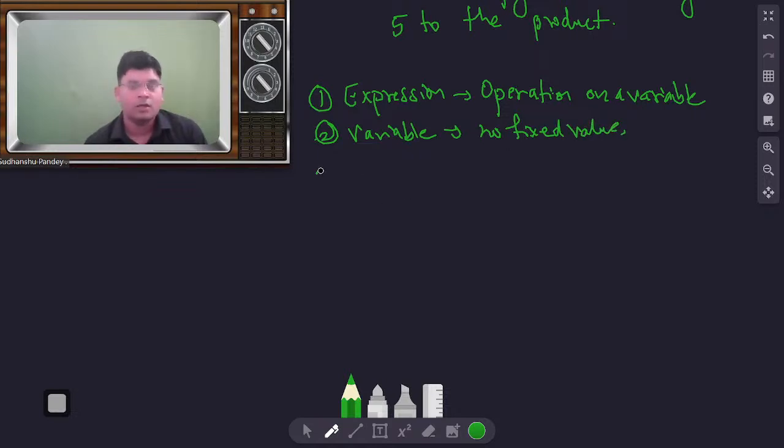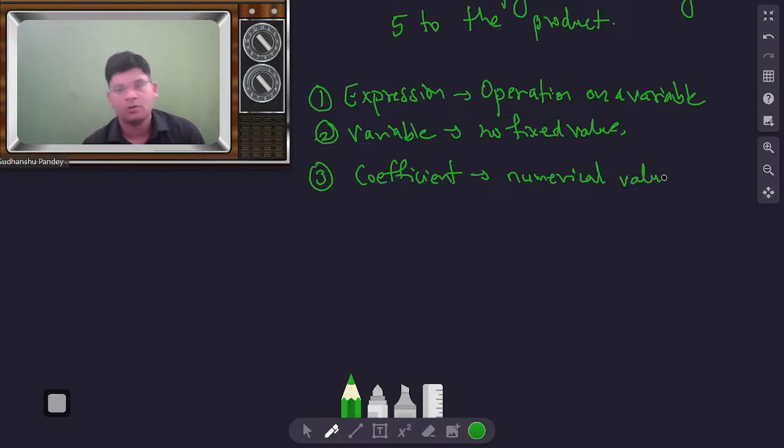Then there is one more term which is known as coefficient. You all know what is a coefficient, so we can write: numerical value attached with a variable.